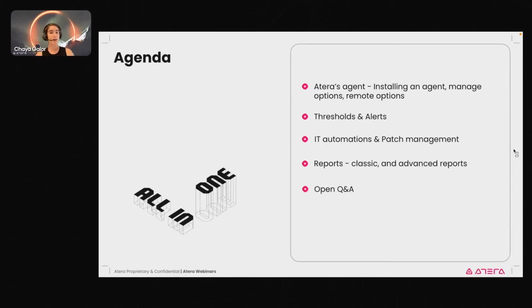After that, we're going to follow up with IT automations. Basically, all the tasks that you can do manually, we want to automate through Atera, hopefully save you some time. After that, we're going to continue with reports and we're going to have an open Q&A session. So if you have any questions at all, feel free to put them in the Q&A section and we'll get to that at the end of the webinar.